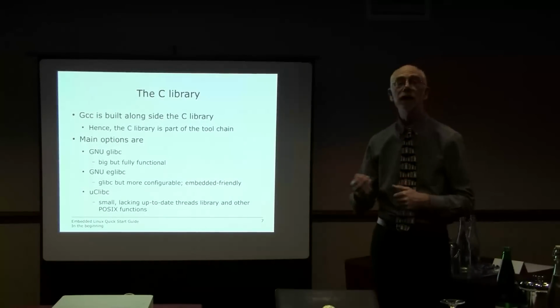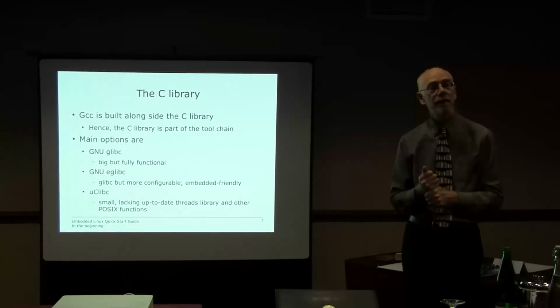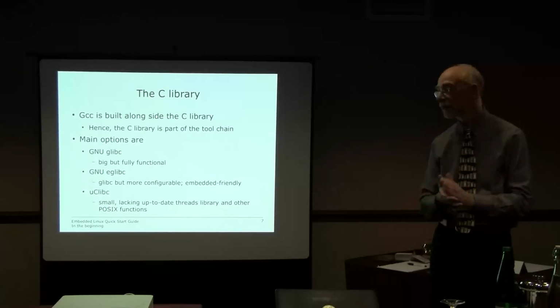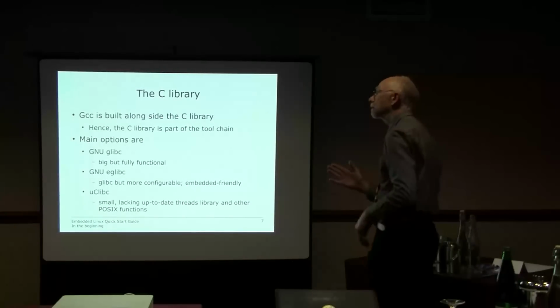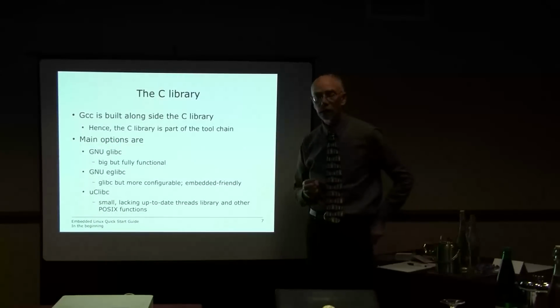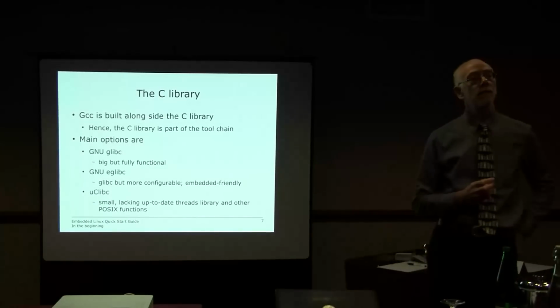Yeah, so at this fairly early stage, you're going to have to make a decision as to which C library you want. Which is a bit of a pity because that's quite fundamental. Well, there are three C libraries that are in common use for embedded systems.